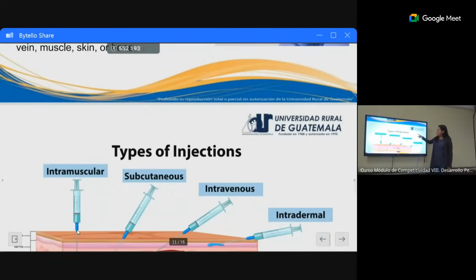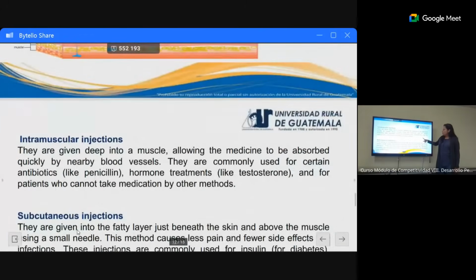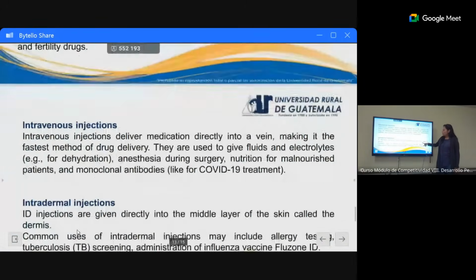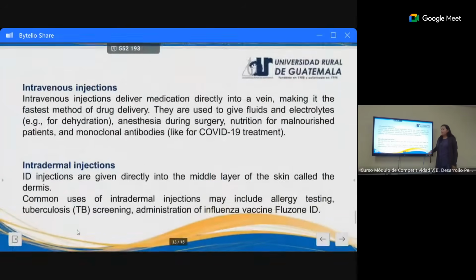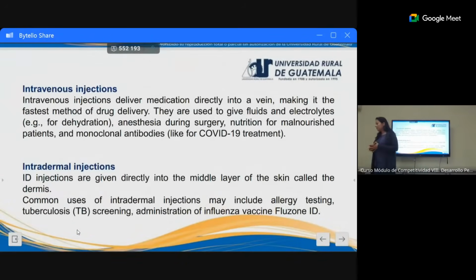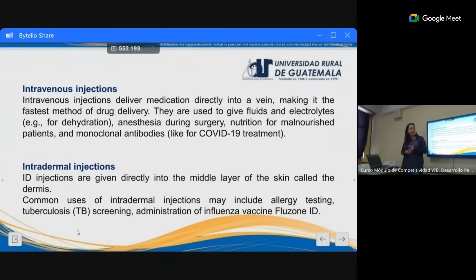Here we have the intramuscular, the intravenous injection and intradermal injections. So you know how important it is to learn about it, for our health, and to understand the means by which the vaccines and injections are going to be administered.